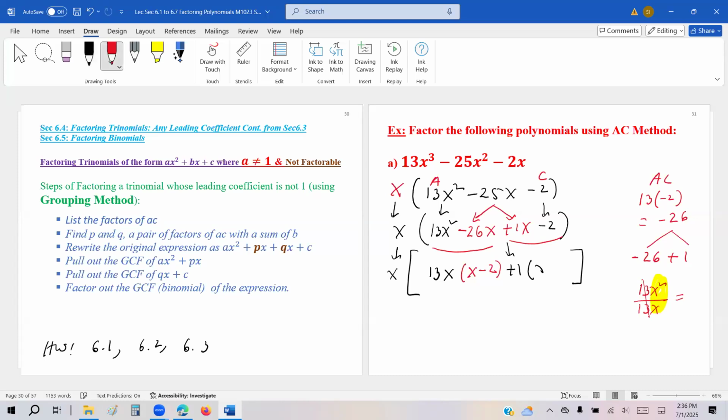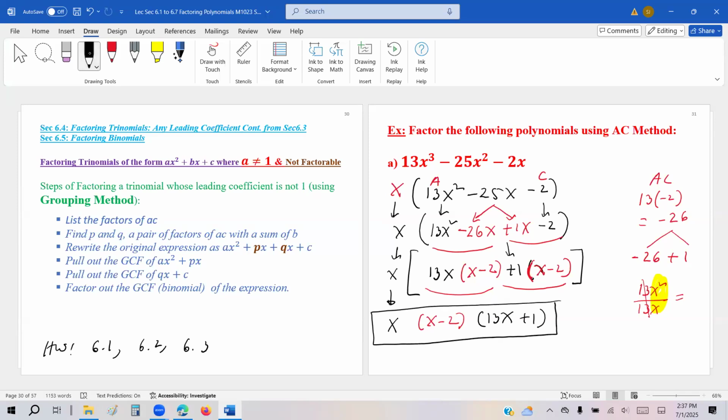So we have the same thing, x minus 2. We still bring down our GCF x. And now in both groups, what is the common factor? You factor out x minus 2, and then you have 13x plus 1. And now you're done, you factored completely.